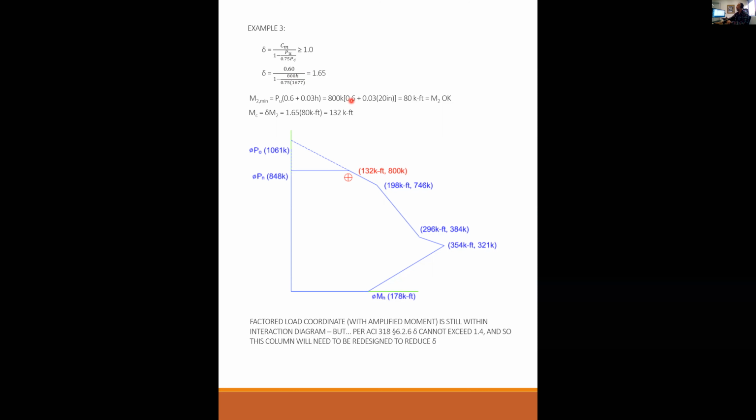So what is in P_c? P_c has pi, can't change that, EI effective, K, and l_u. Possibly I could change K or l_u by changing the geometry of the frame, but most likely not.